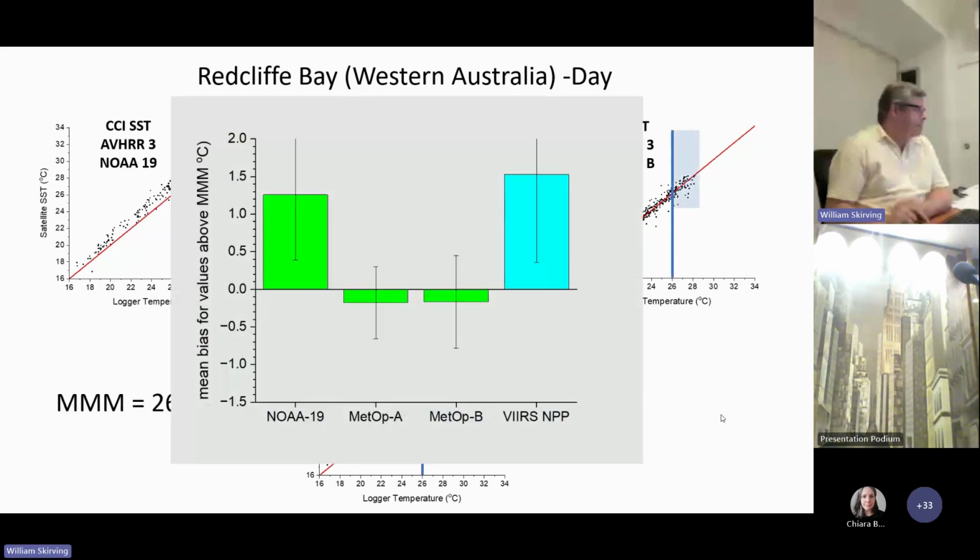So if we have a look at the bias here, you can see that MEDOP A and MEDOP B with CCI works very well. Axpo on VIIRS on NPP is not too good, in fact, quite terrible. And quite frankly, NOAA 19 with CCI is not too far behind.